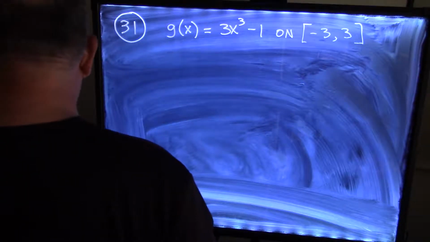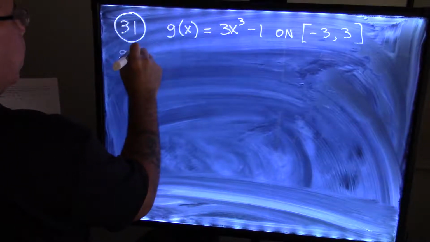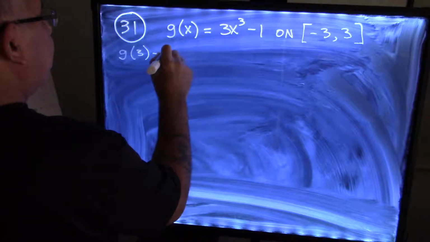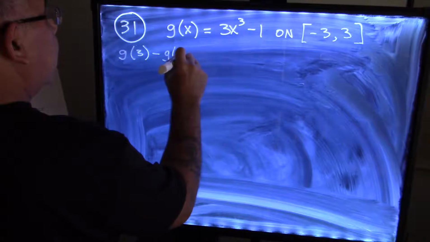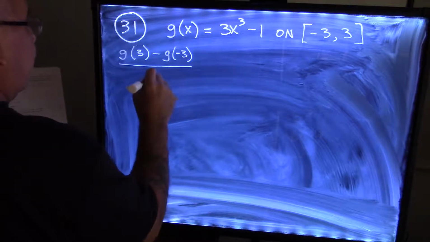So we have g of 3 minus g of negative 3 all over 3 minus negative 3.